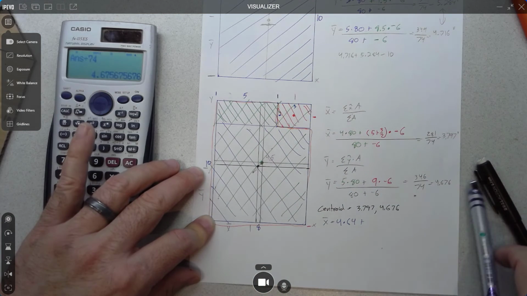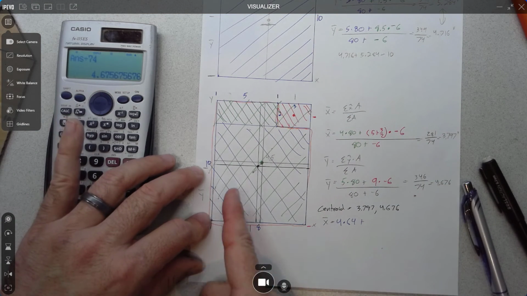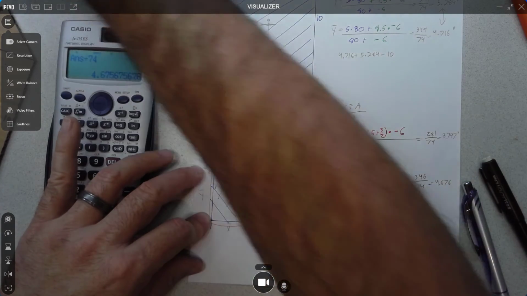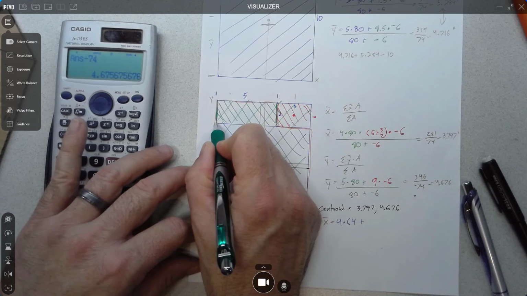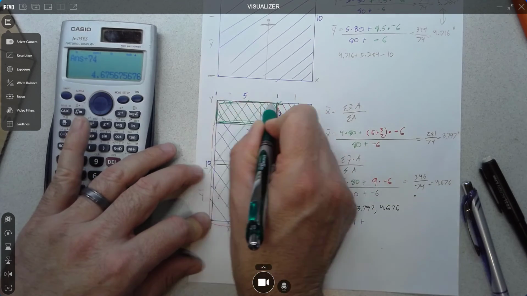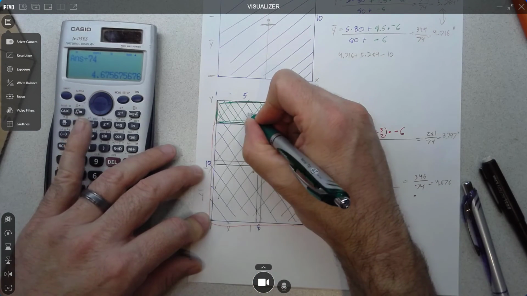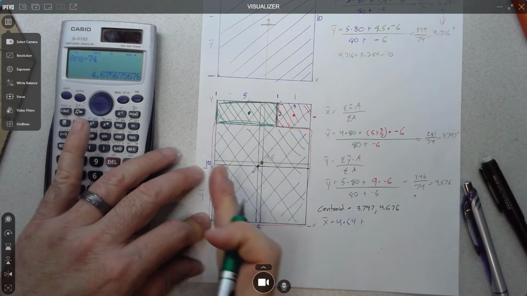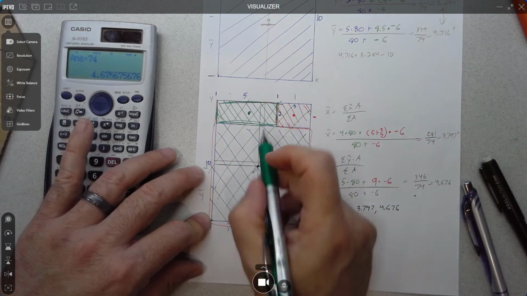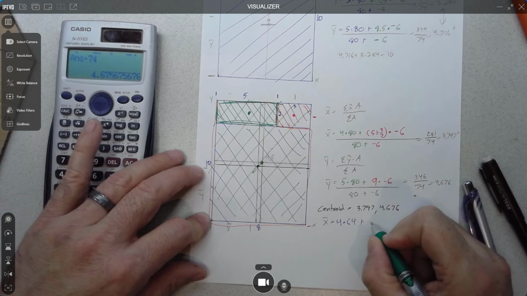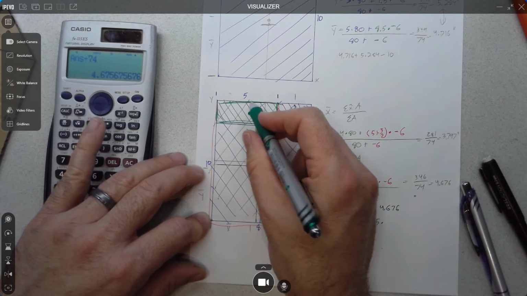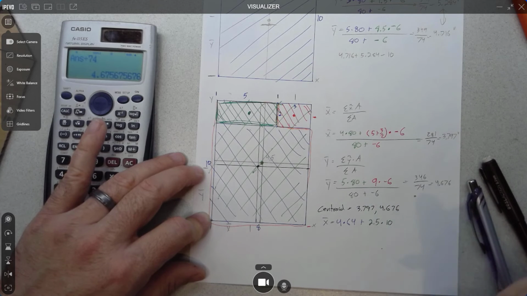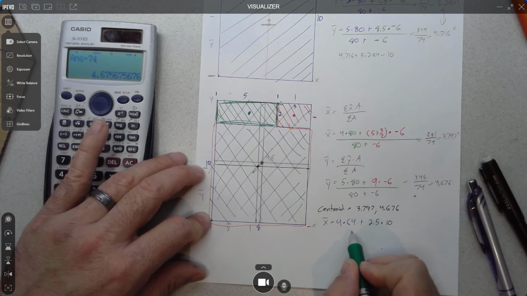So now it's plus, and we're looking at x, so it's the distance to the centroid of this rectangle here, which is going to be somewhere right about there, right? Along the x-axis, it's half of 5, so plus 2.5 times the area of that rectangle, which is 5 times 2, is 10. So that's the top half of our equation.